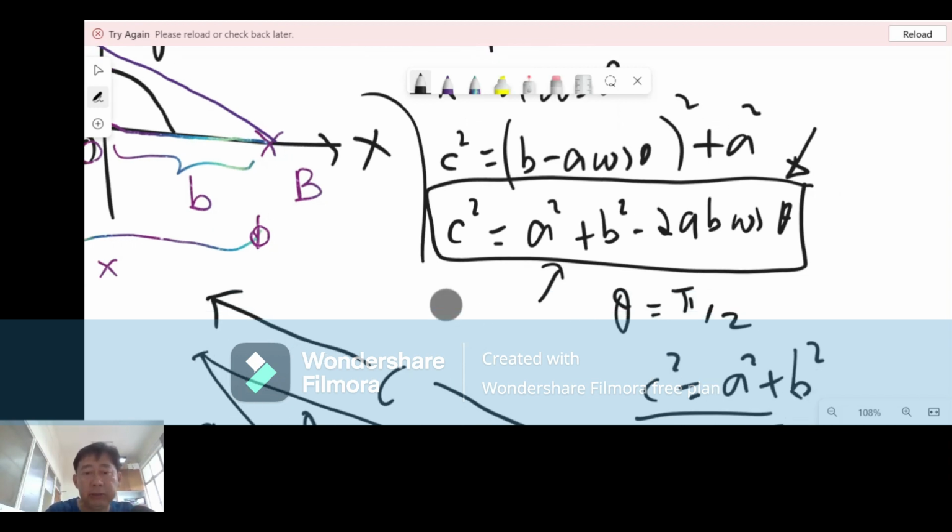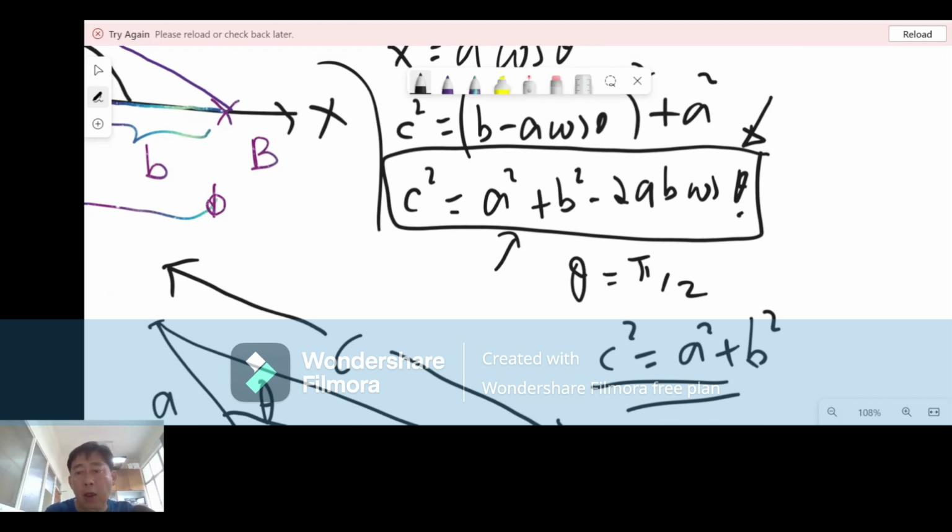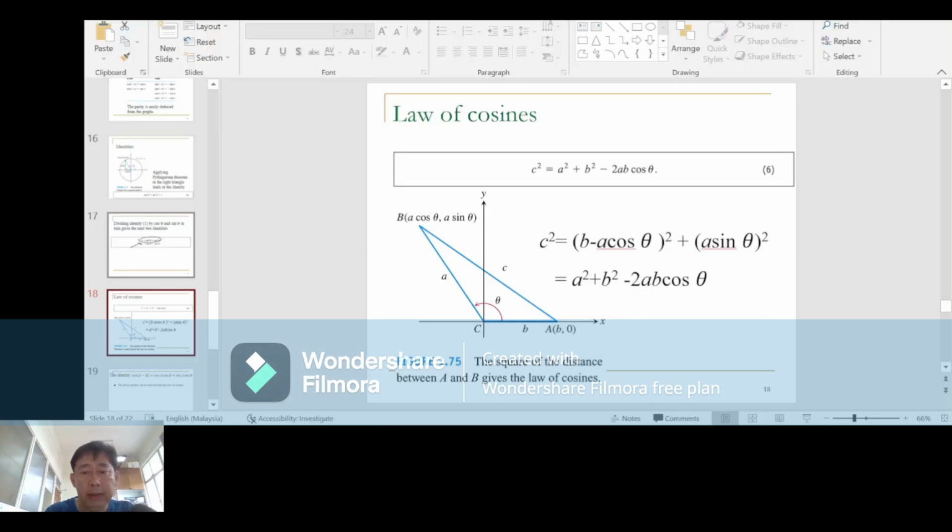The Pythagoras theorem is a special case of the law of cosine when theta equals 90 degrees. That is a very important and useful relationship that relates the sides of a triangle and the angle theta defined between A and B.